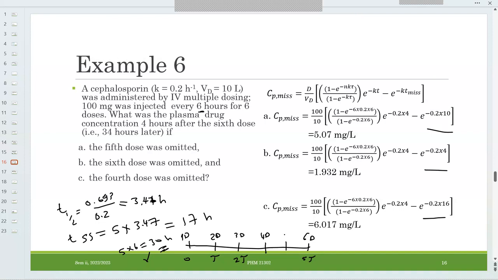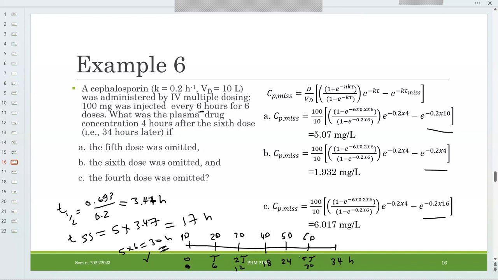Time here is 0, 1 tau means 6 hours, 2 taus is 12, 18, 24, and 30 hours. They want to calculate after the 6th dose, which means at 34 hours.